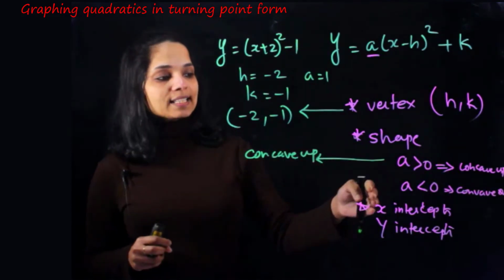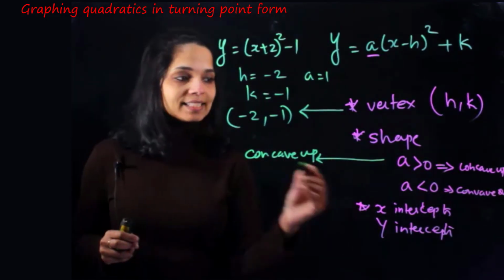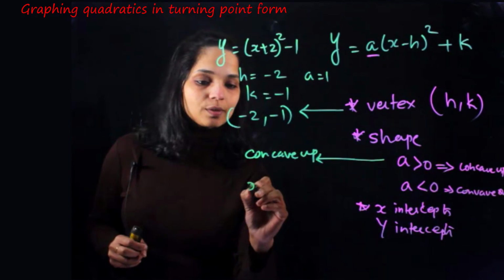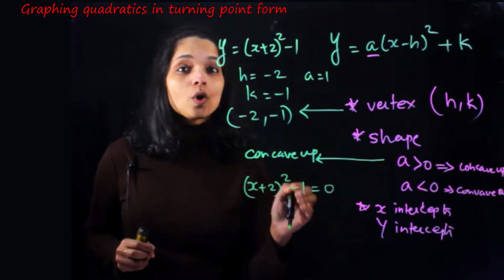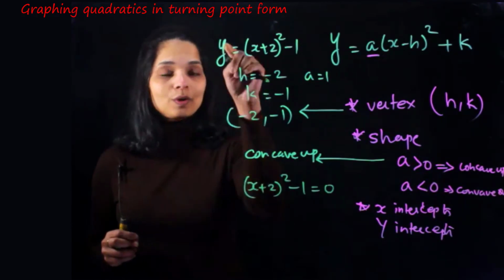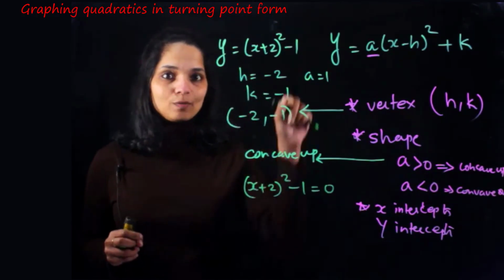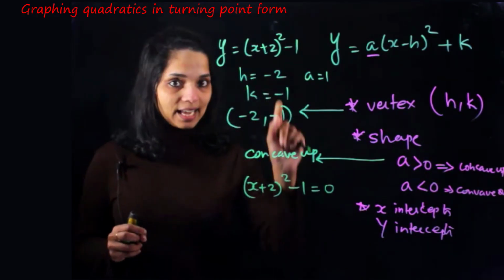Now we need the x-intercepts and y-intercept. The x-intercepts are the solutions of the equation (x plus 2) the whole squared minus 1 equals 0, or the values of x when y equals 0, the points at which the graph is cutting the x-axis.